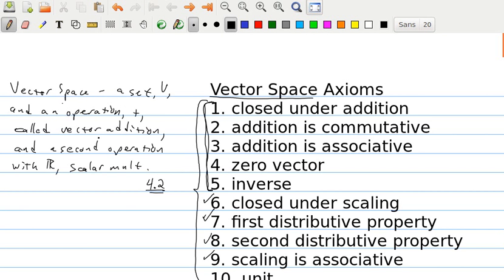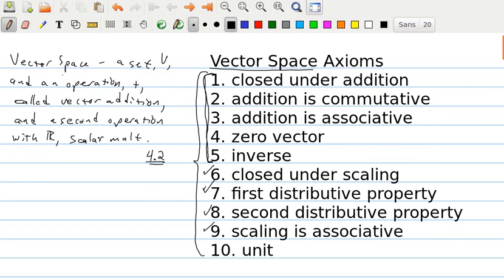Well, let's go back to the original and see if there's something that we can find to break this, so we don't have to actually verify all 10 of these. Usually things will tend to go wrong under the closure properties, so these are the first we want to look at. If we add 2 non-negatives, we'll get a non-negative back, so the closure under addition is not an issue.